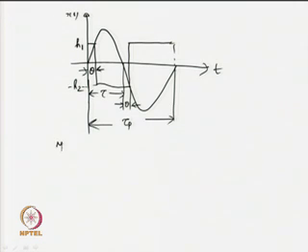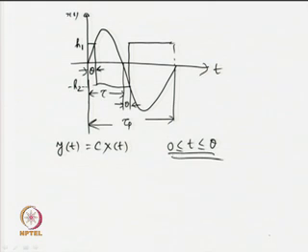So, the output y(t) for different segments can be found using the expression y(t) = C x(t). Now, when part of the output is considered for the time range 0 ≤ t ≤ theta, the output for this time span can be found using the expression C x(t), where t ranges from 0 to theta.